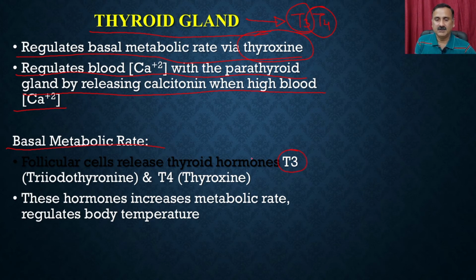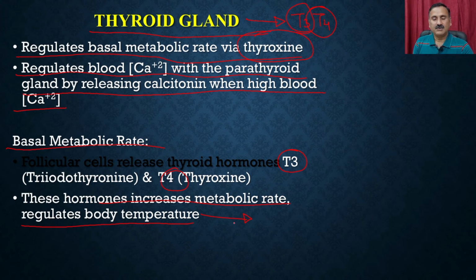T3 and T4 hormones increase the metabolic rate and regulate the body temperature.